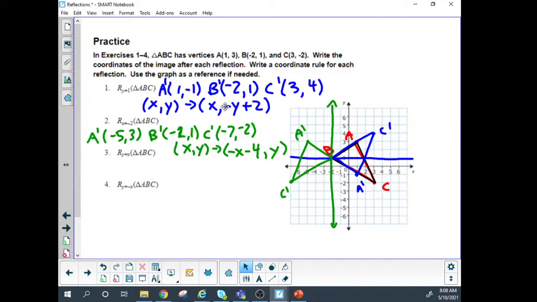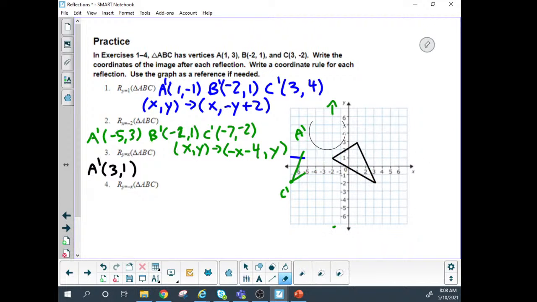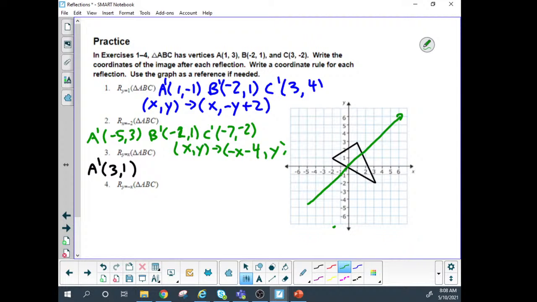Nice. How you doing with y equals x? All these points are going to change, huh? Did you get A prime at 3, 1? Getting a little messy here. The line y equals x, slope of 1, y-intercept of 0, what you might call a parent function for linear functions.